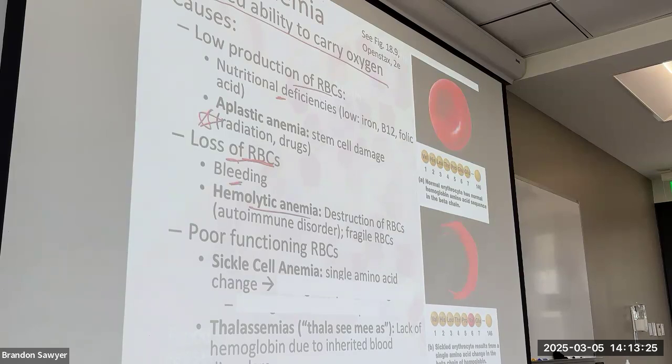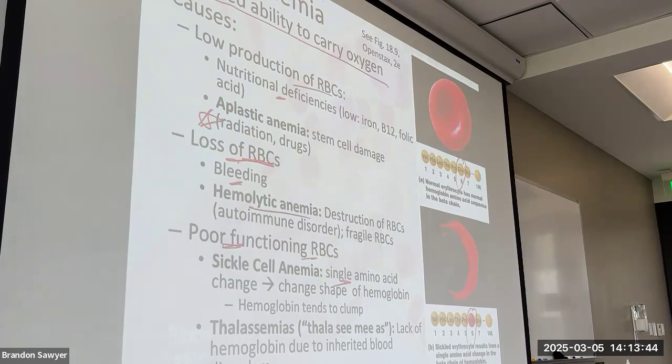And so you just don't have enough red blood cells because you've lost them. You could also have plenty of red blood cells, but they're just not functioning properly. One example of that is sickle cell anemia. Sickle cell anemia is just a single amino acid change, changing this amino acid in the 6th position.